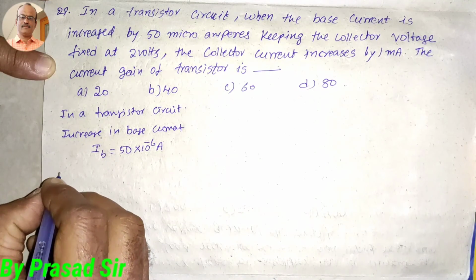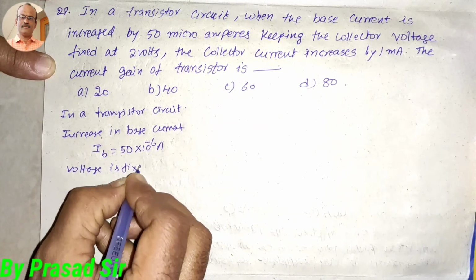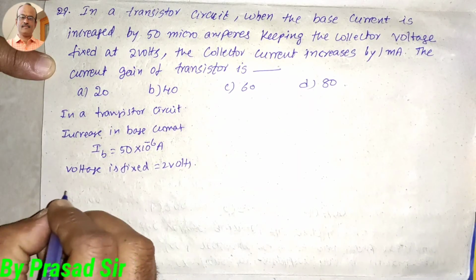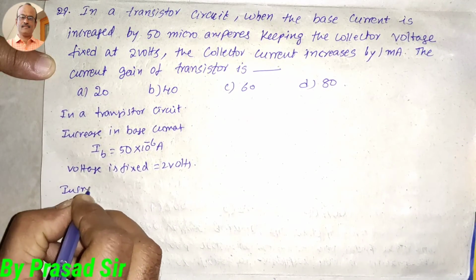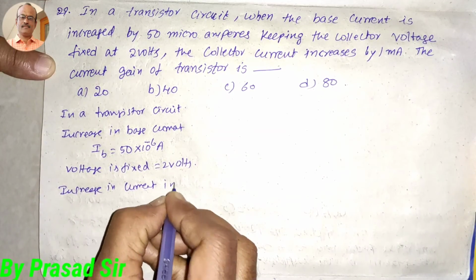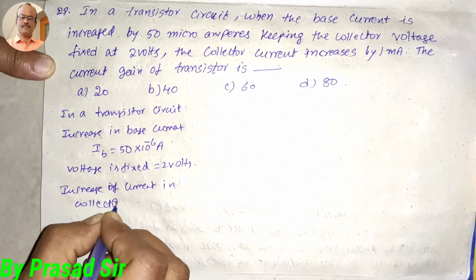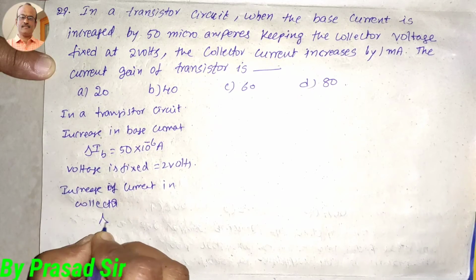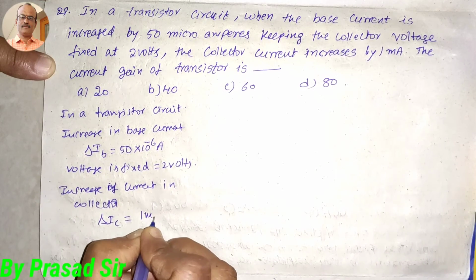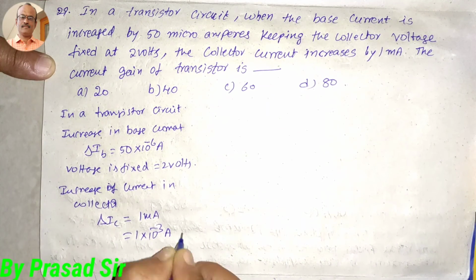Then afterwards, voltage is fixed, that is equal to 2 volts. The increase of current in the collector, that is delta IC is equal to 1 milliampere. That means 1 into 10 to the power of minus 3 amperes.